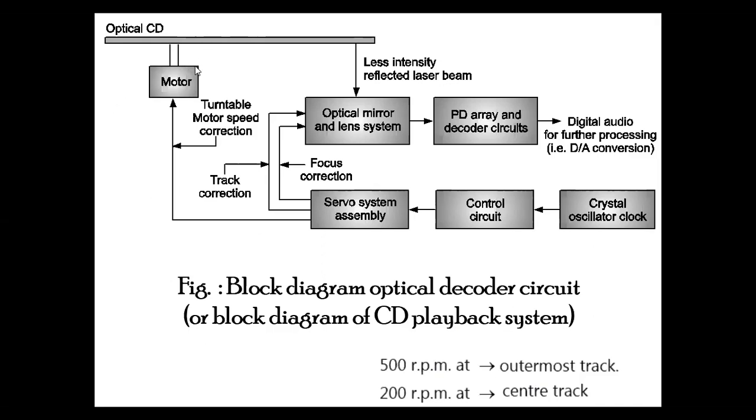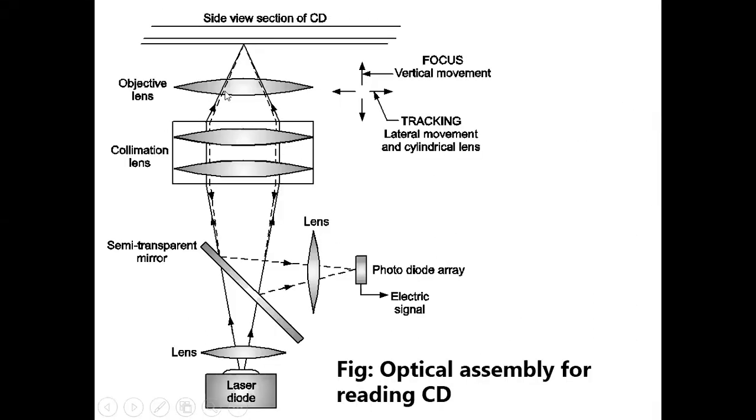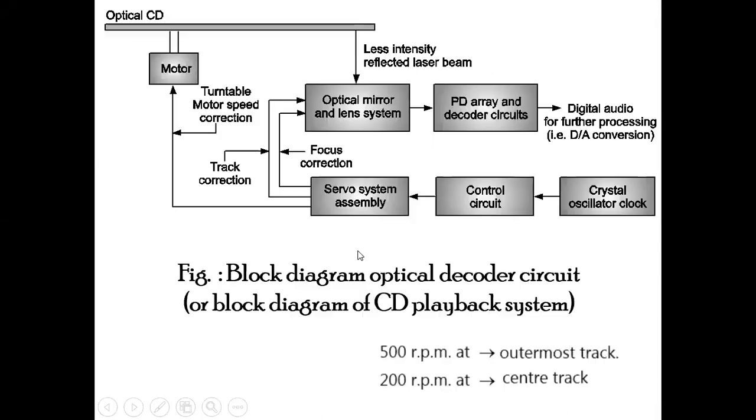One is the turntable motor, which is used to rotate the CD or DVD at the rate of 200 rpm to 500 rpm from inner track to outer track, whereas another motor is used to move the optical assembly. Which optical assembly? This optical assembly is moved from the inner track to the outer track. Okay, so that is called the servo motor. So the servo motor is controlled by a crystal oscillator clock and control circuitry.